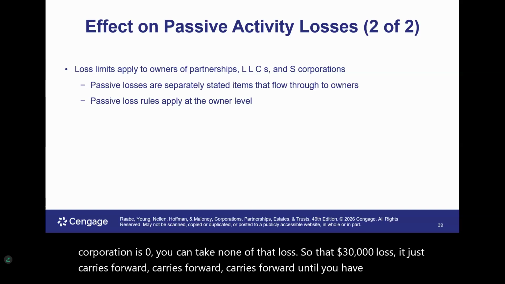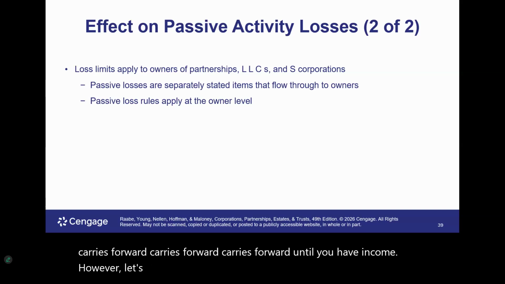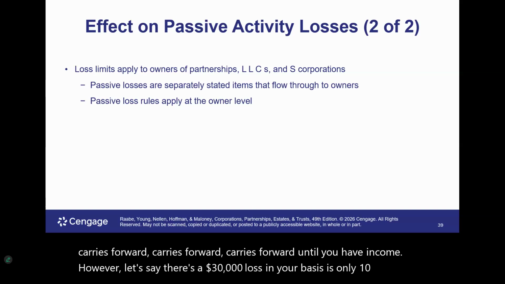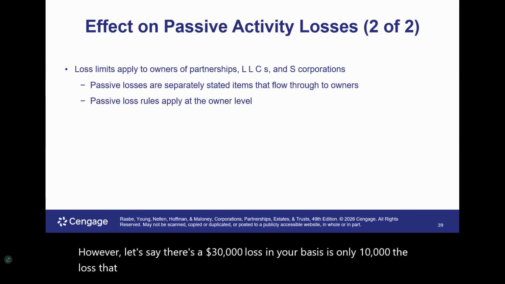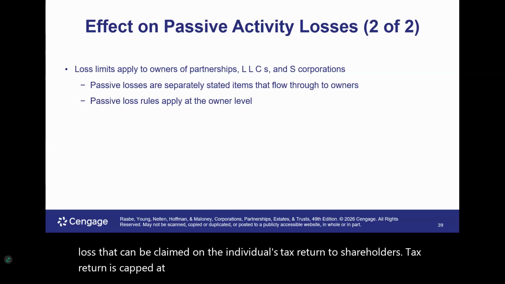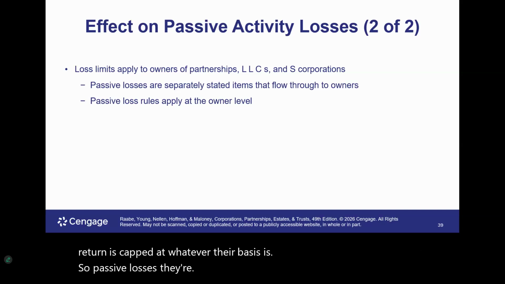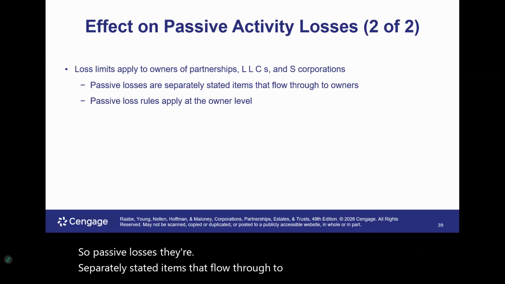However, let's say there's a $30,000 loss and your basis is only $10,000. The loss that can be claimed on the shareholder's tax return is capped at whatever their basis is. So passive losses are separately stated items that flow through to owners, and passive loss rules apply at the owner level.